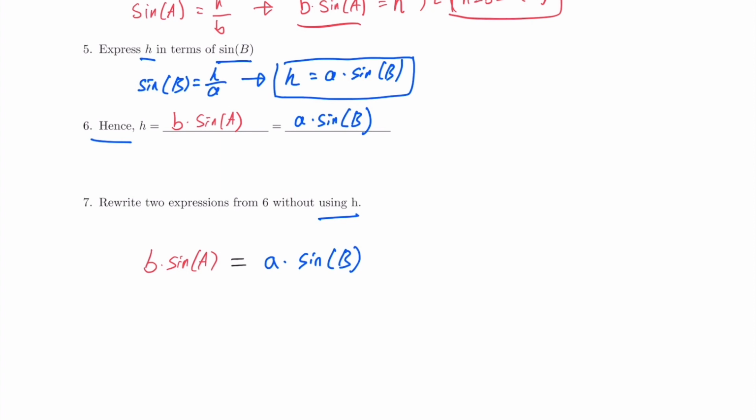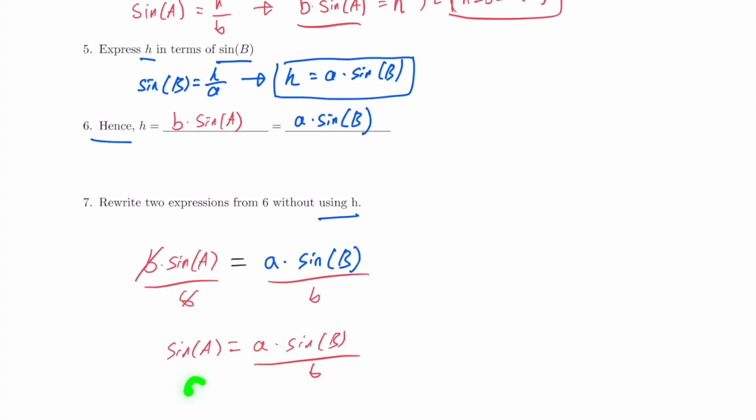And here what I'm going to do is divide by B on both sides, so that we have sine A equals A times sine B over angle B. And then I'm also going to divide by A on both sides.